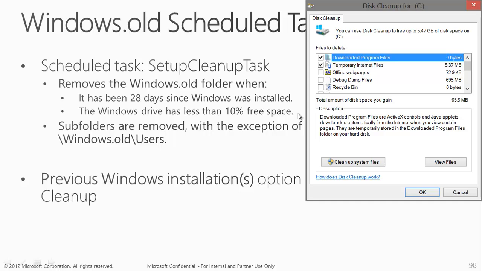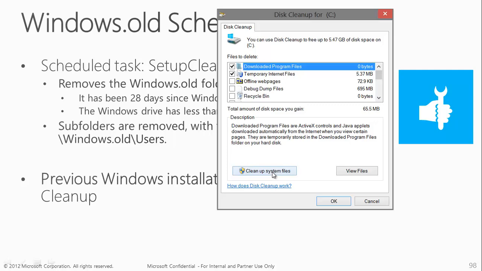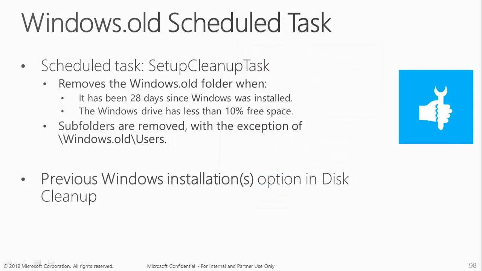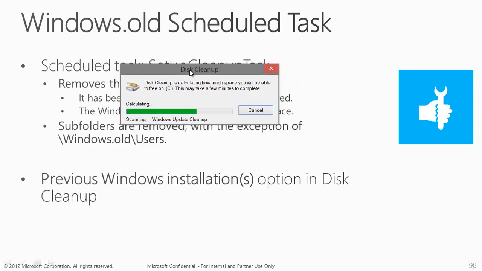The nature of that account and the permissions associated with that folder make it so you can't delete the files without a ton of access denied errors. So what you can do instead is just go into disk cleanup, because the disk cleanup utility has the ability to remove a windows.old folder regardless of the permissions.